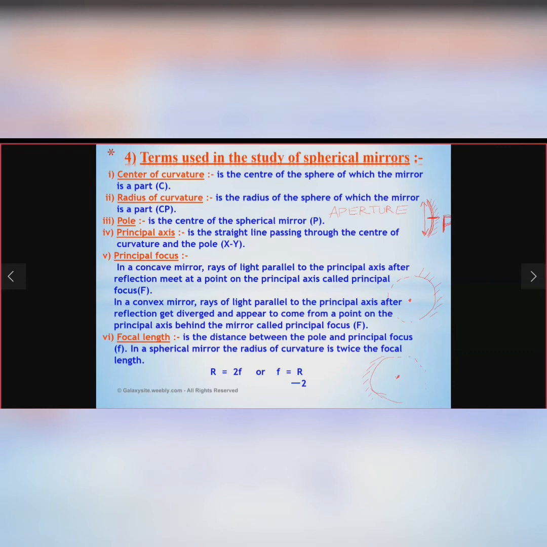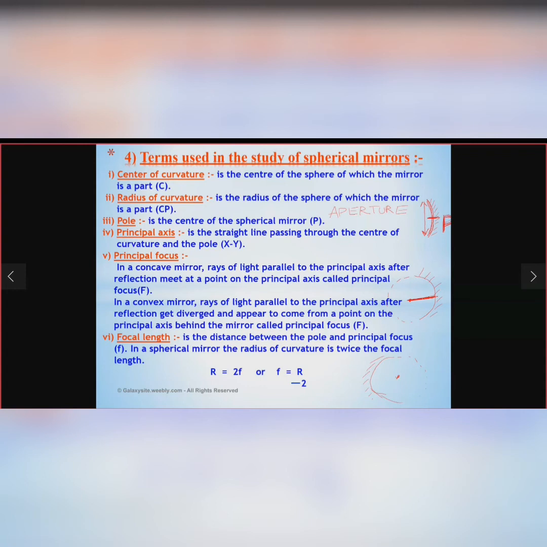Next thing is that when we join this pole, which is the midpoint of the aperture, to the center of curvature, we will get an imaginary line which is perpendicular to the mirror.